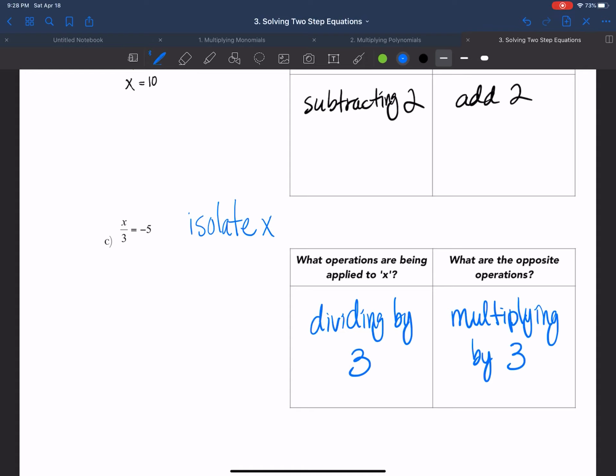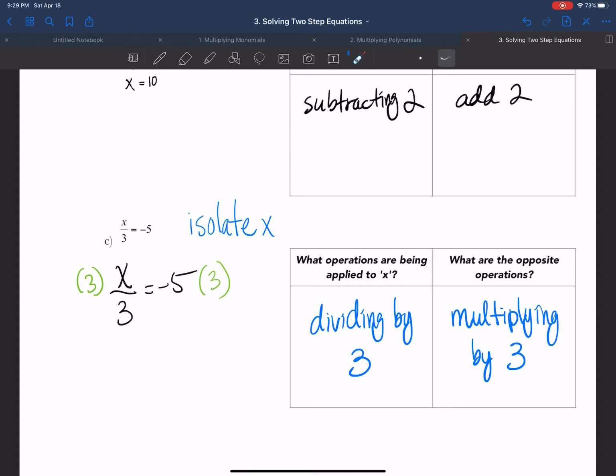So I'm just going to rewrite the question because it'll be easier for me to show what I'm doing. I'm going to multiply both sides by 3. So I'm going to multiply 3 here, multiply 3 there. Now when I'm multiplying here, this 3 and this 3 are being divided, right? They're on opposite sides of this line.